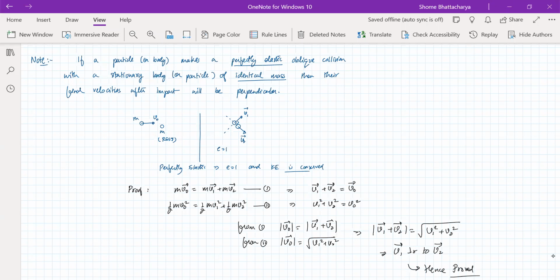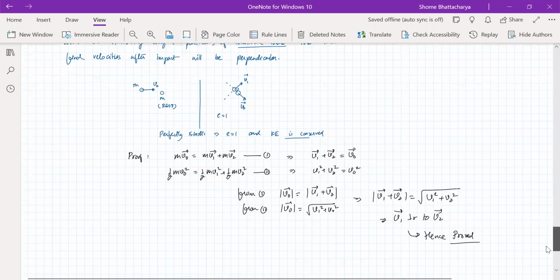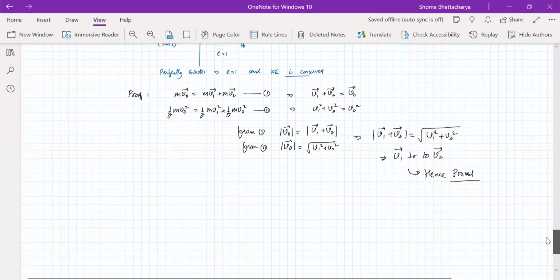Okay, so let's look at an example question where we implement this theorem. Finish writing this down first.